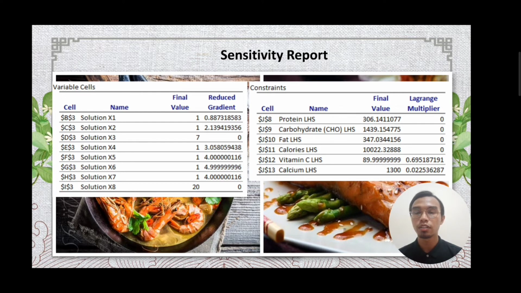For the constraints, 4 have a large multiplier, which are protein, carbohydrate, fat, and calories. And vitamin C and calcium have the Lagrange multiplier. For vitamin C it is 0.69 and for calcium it is 0.02.